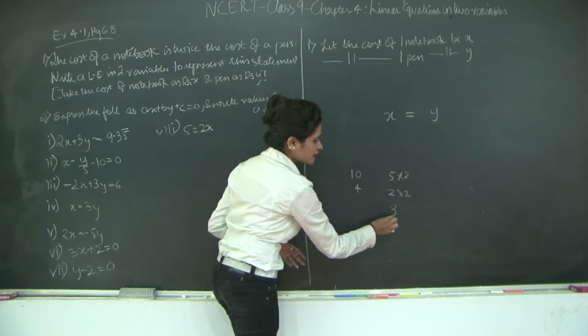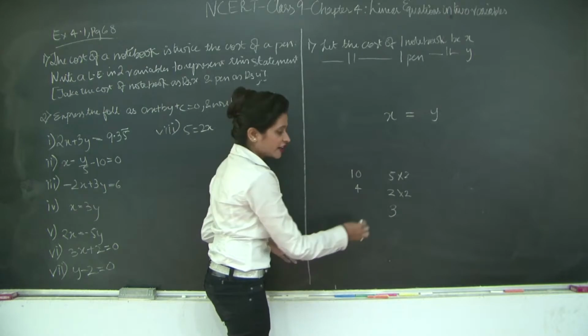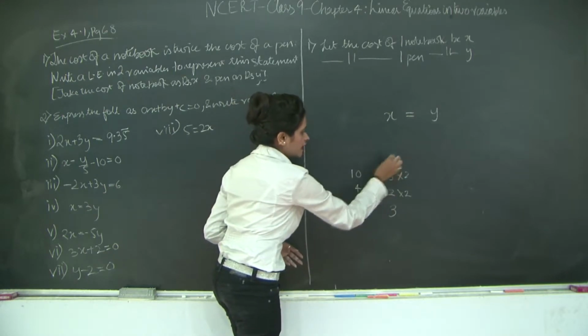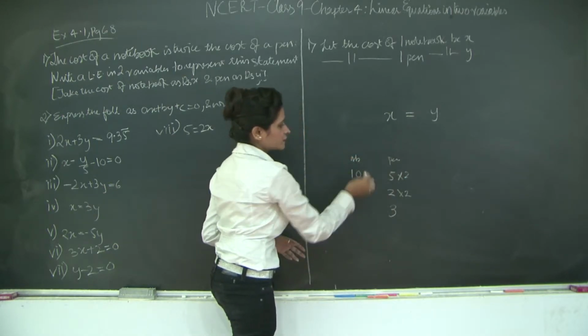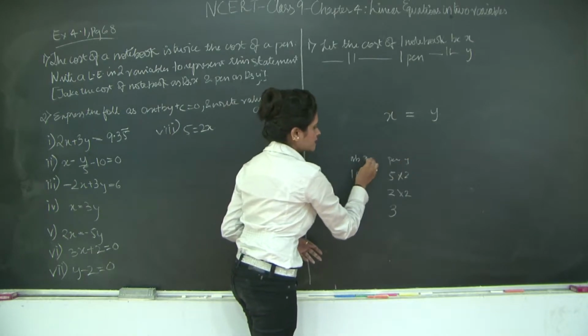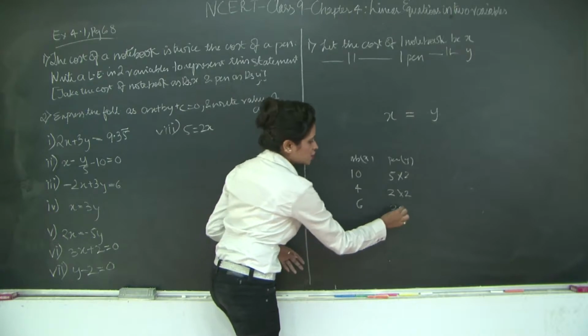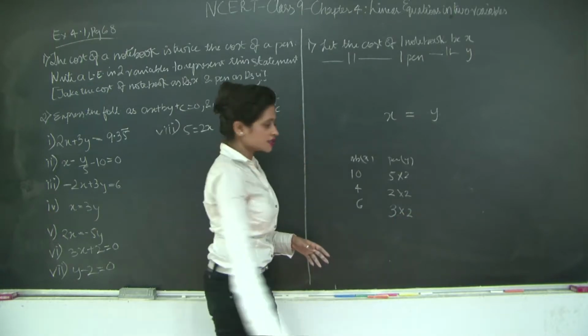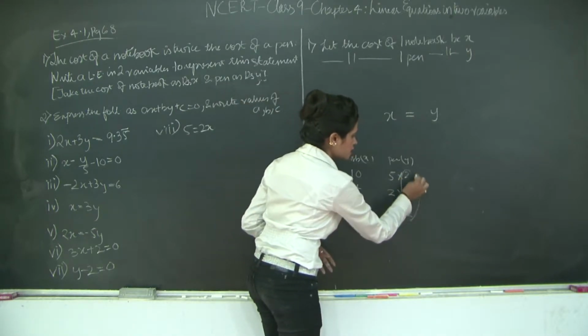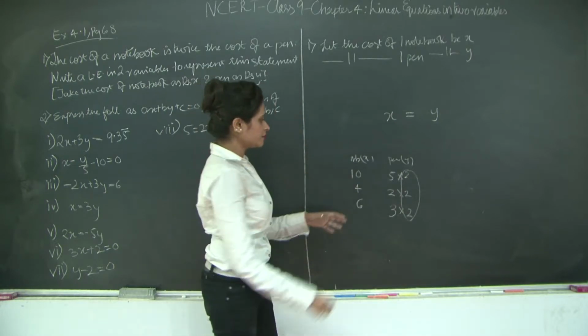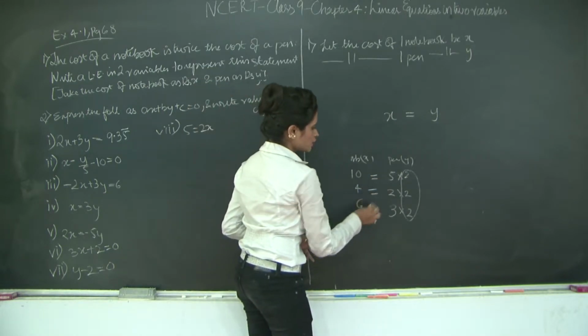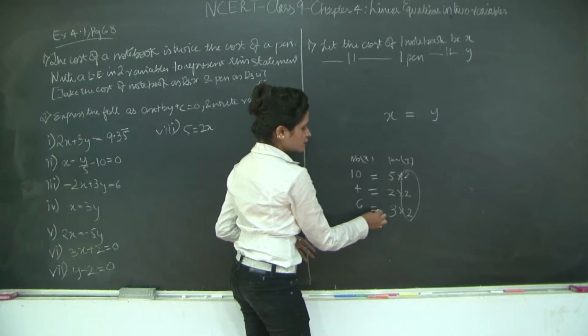Similarly, if I had 3, this is the cost of pen and this is the cost of your notebook, which is Y and this is X. So this would have been 6. So 3 into 2. So what do you see? A common thing is 2. So now 5 into 2 is 10, 2 into 2 is 4 and 3 into 2 is 6.